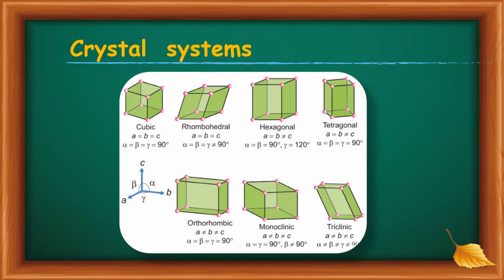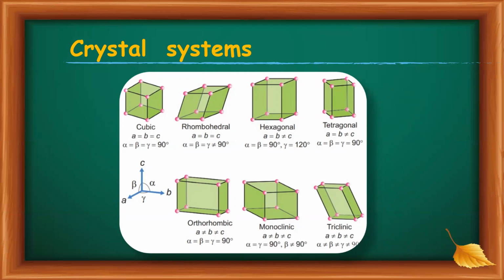In the rhombohedral, A is equal to B equal to C, and angles are equal but not equal to 90 degree. Look at the shape.